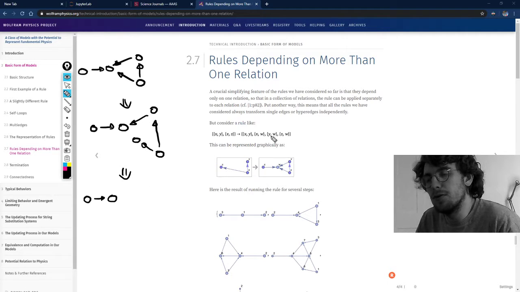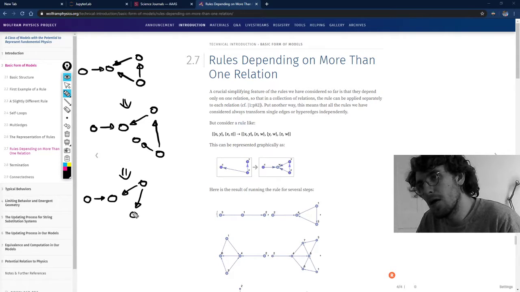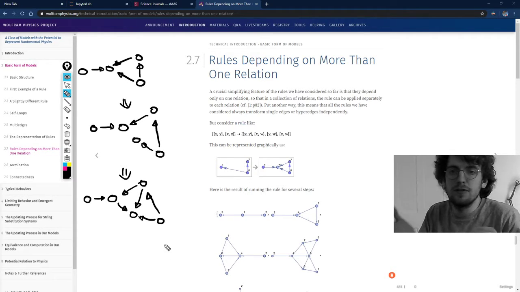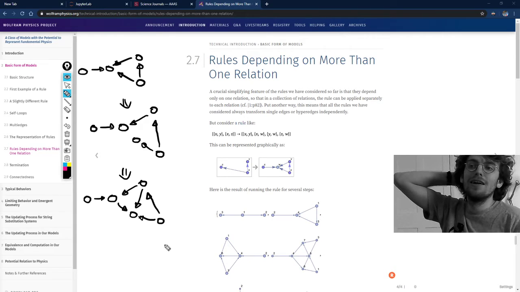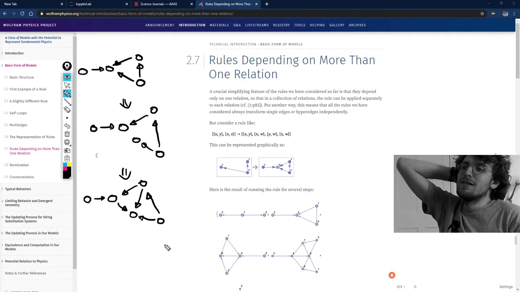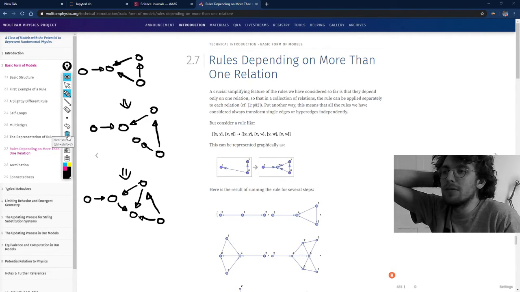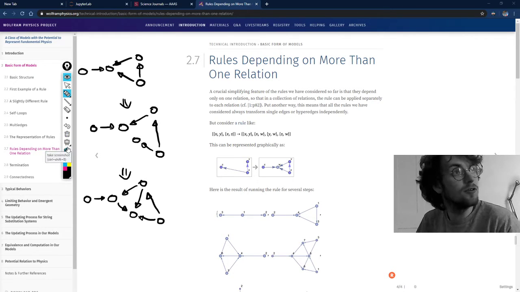Then I need to stick Y to the new thing. Still attached to X, all stuck together. And then I need to attach Z to the new thing. I still get this. What? So the whole point of this chapter is that this can be done in multiple ways, but I'm still struggling to see how it can be done in the other way.